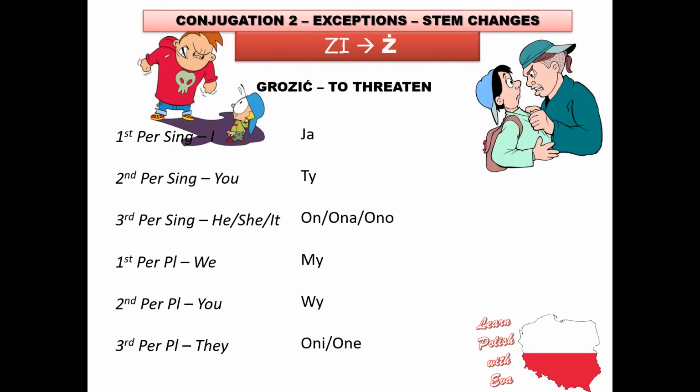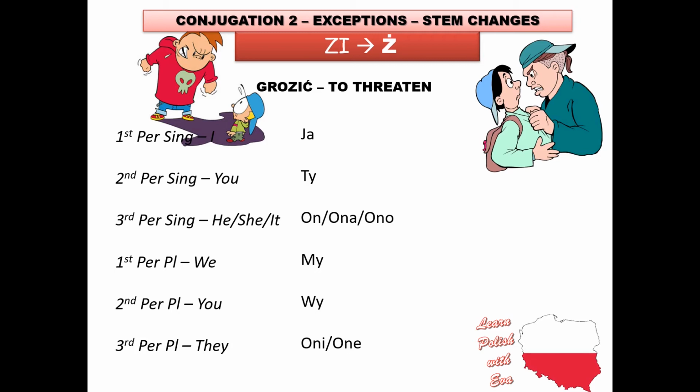Now we will look at the stem changes of zi to ż. Zi is this Polish double letter that is a soft, long sound, and ż is this Polish letter that is a short, sharp sound, okay? So the verb that I've chosen for you is grozić, to threaten.